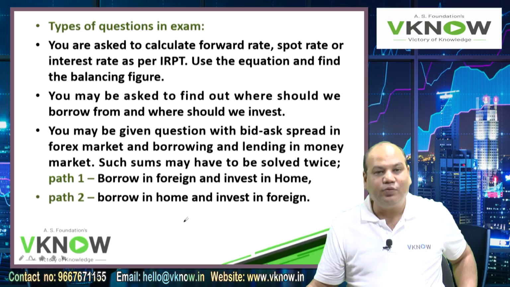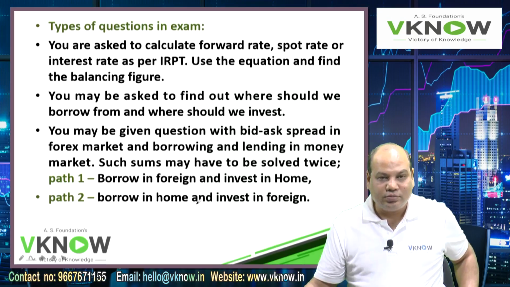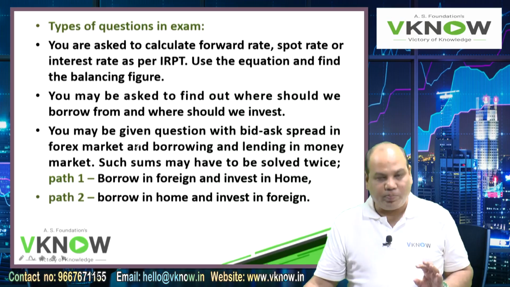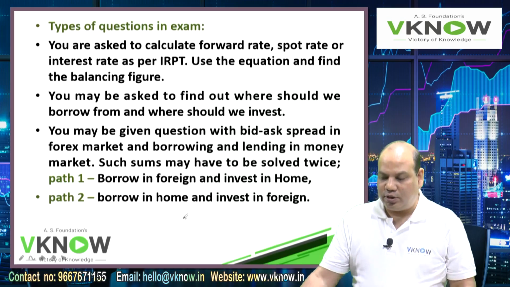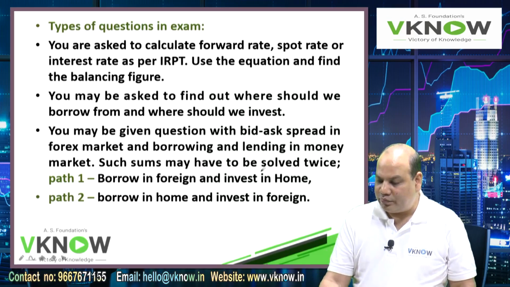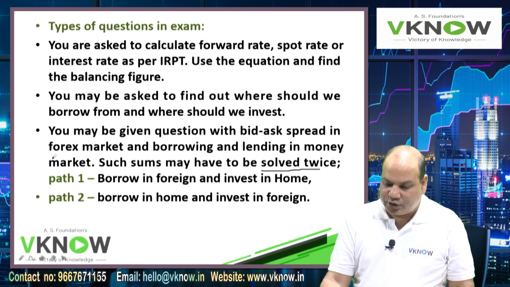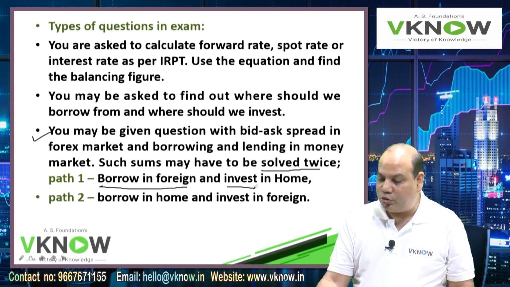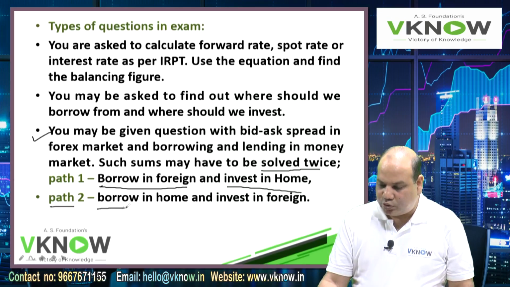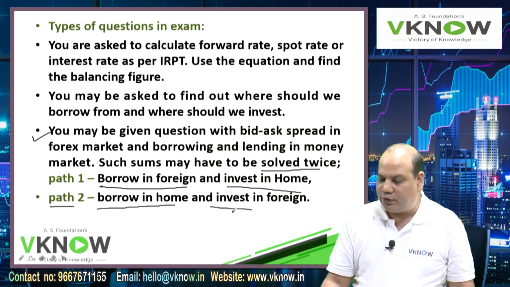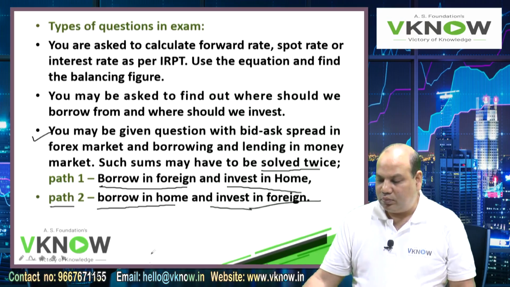Sometimes both paths may give you a negative answer. If both paths give you a negative answer, then you will say arbitrage is not possible. Okay. So in case of bid ask problem, it is better to solve it twice. We will take one question of this type also. First you assume borrow in foreign country, invest in home country and see whether you get arbitrage profit or not. Second, you assume borrow in home country and invest in foreign country and see whether you have arbitrage profit or not.